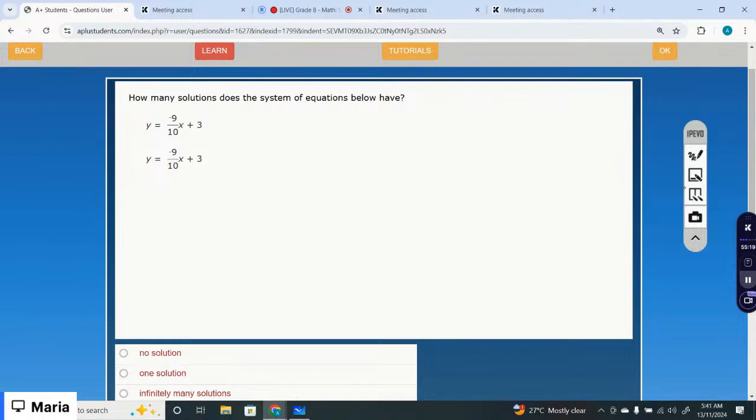Both the equations are exactly same, right? That means they have infinitely many solutions. Okay, you can complete the lesson by yourself later today.